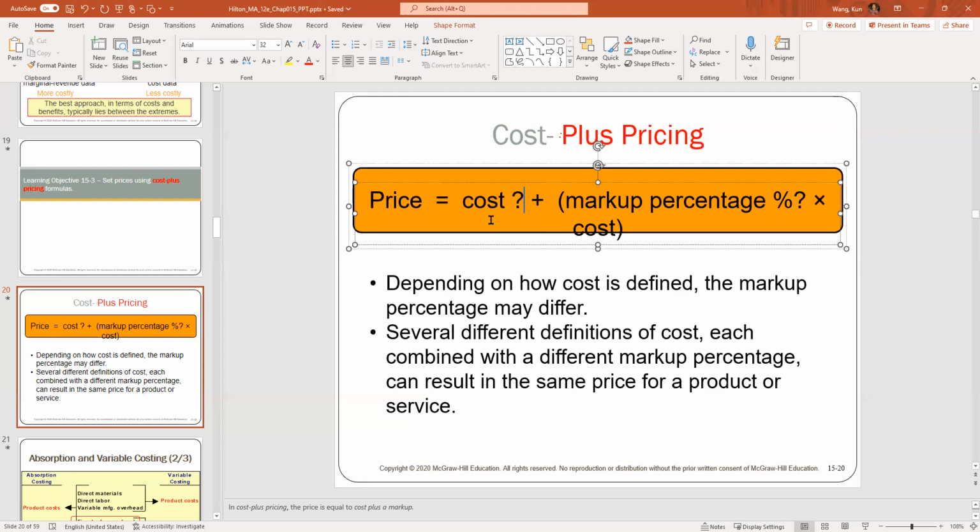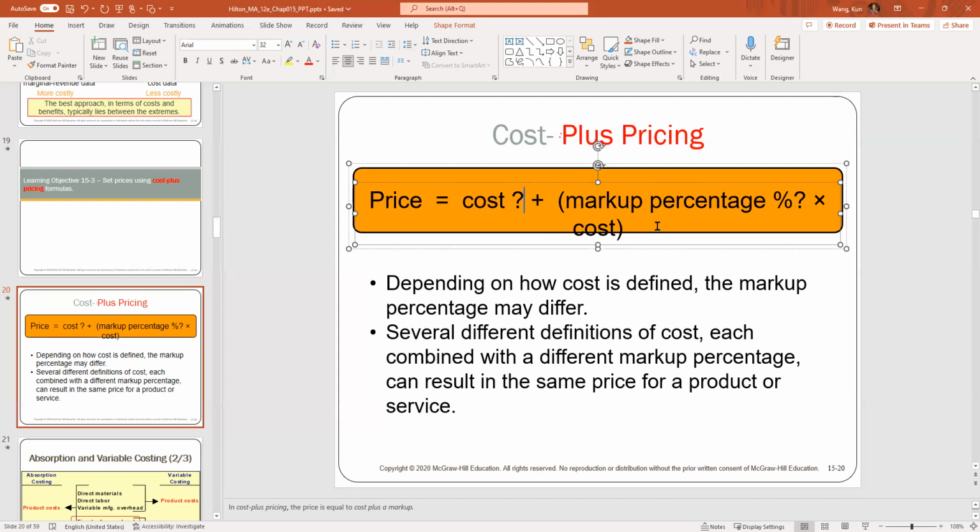Before you make any profits, you still need to cover your fixed expense. So that really depends on the manager's definition of the cost layer. The last item you include in the cost layer, you need to mark up a much higher percentage, because you leave room for profits and to cover other expenses.